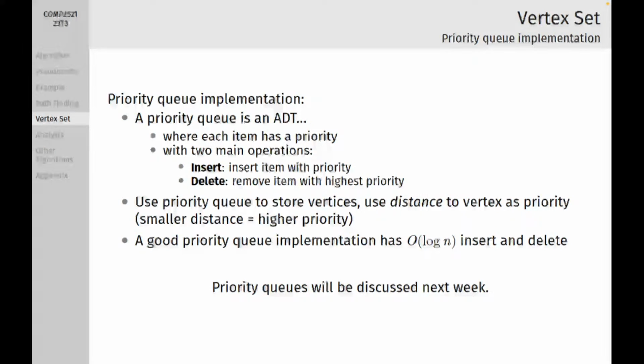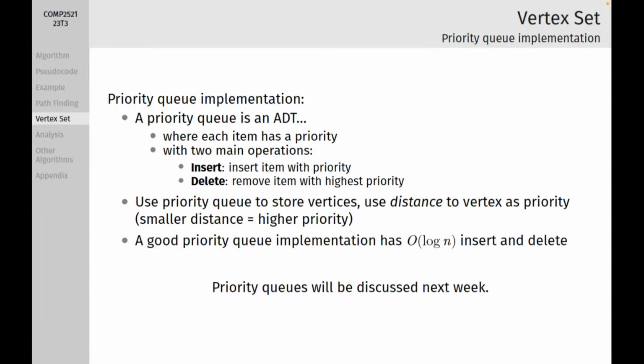And the other operation is delete, where you delete the item with the highest priority. So how would we actually use the priority queue? Well, we use it to store the vertices, and along with each vertex, we use the distance to that vertex as its priority.